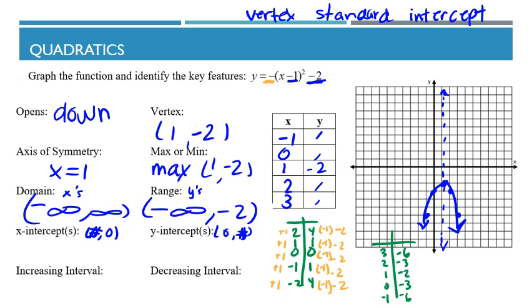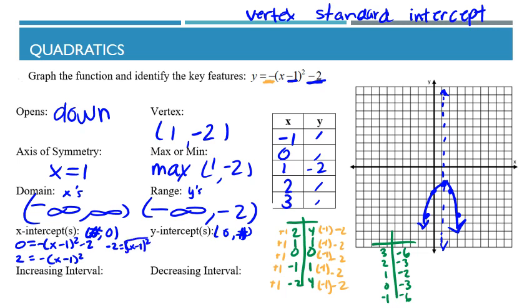Now, as for x-intercepts, I know I don't have any visible on the graph, but I still need to solve. So I still need you to plug 0 in for y and solve the equation. Let's start off with the easy stuff. Let's start by adding 2 to the other side. Let's divide both sides by -1.